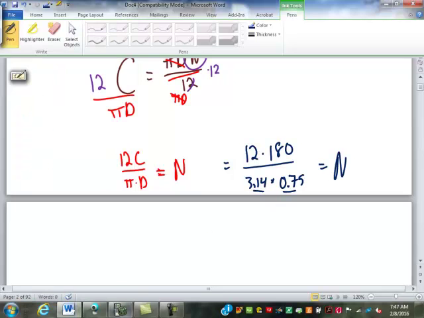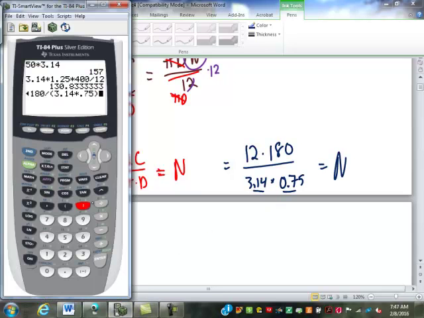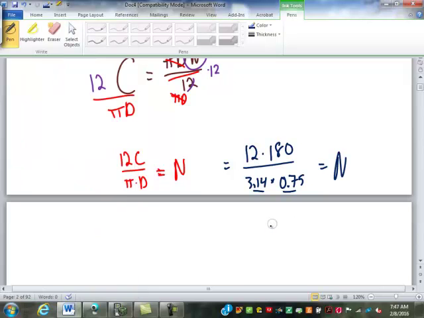It's simpler for me to put them in parentheses so that it looks the way it does in the problem. If you don't put parentheses around them, it's going to really screw you up. So I get 917 RPM. Now that seems like high RPM, but 3/4 of an inch is a relatively small diameter.